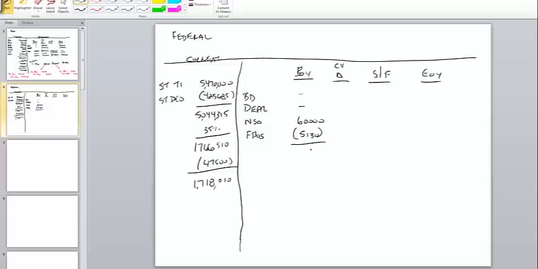Okay, so if I sum those up, that's 54,870. Right, and then 35% of 54,870 is 19,205.